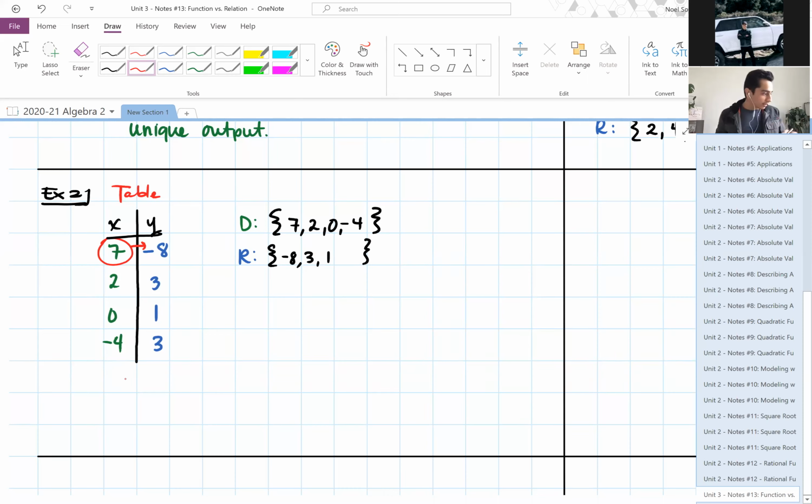And what do we say? Well, just like before, we had to give an explanation as to why the other one was a relation. This time we have to say why this is a function, and this is the reasoning that we give.